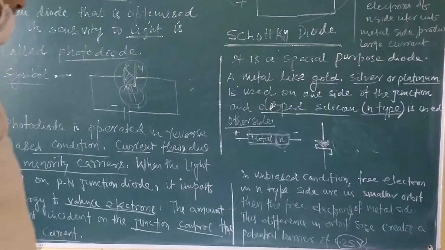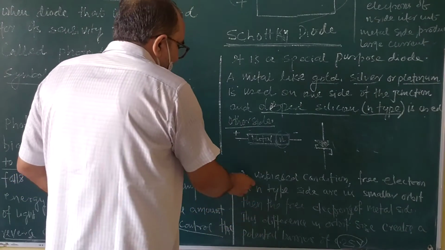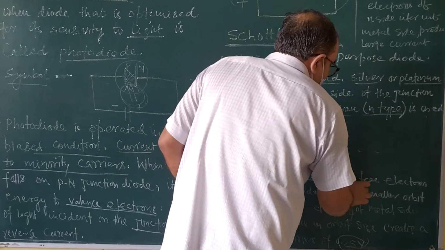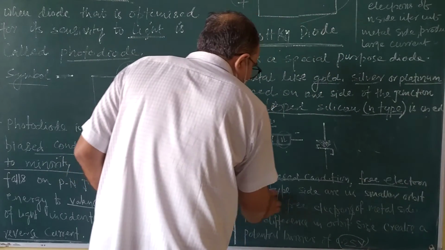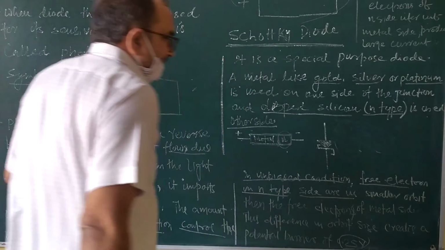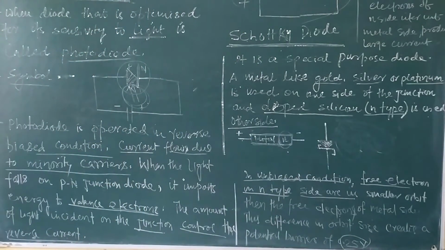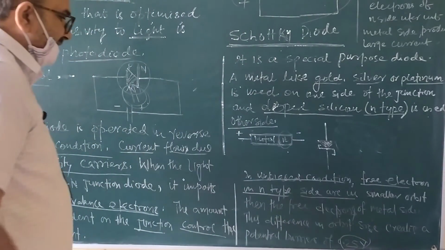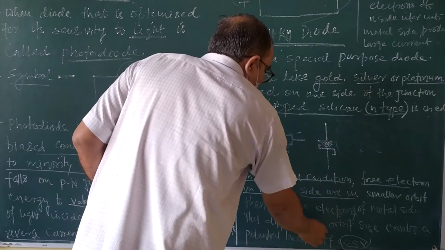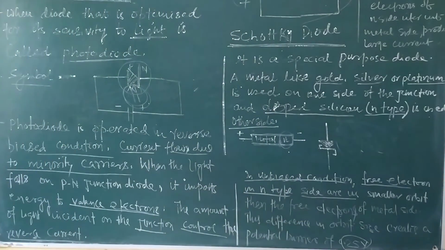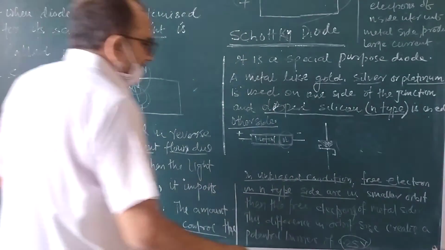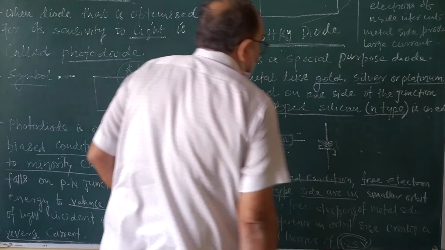But how does it operate in unbiased conditions? Free electrons on the n-type side are in smaller orbits than the free electrons of the metal side. This difference in orbit size creates a potential barrier of 0.25 volts.